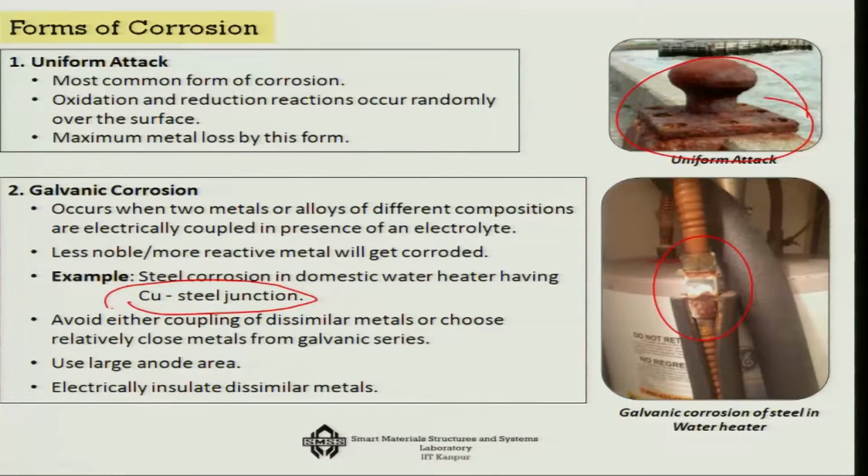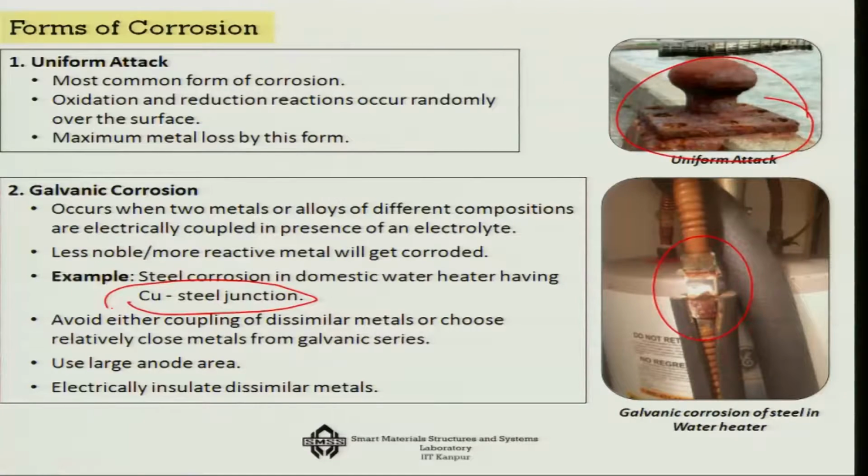It also happens in aircraft wiring systems, wherever you are anchoring these wires, those are junctions, and there are dissimilar metals in the galvanic series.